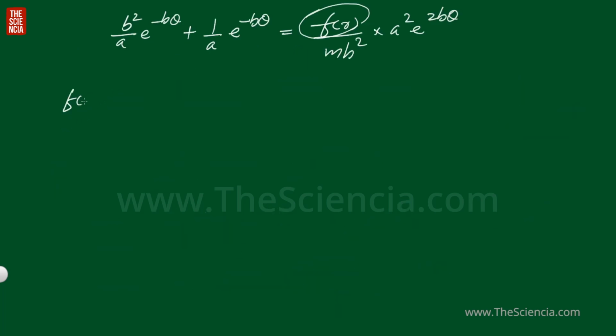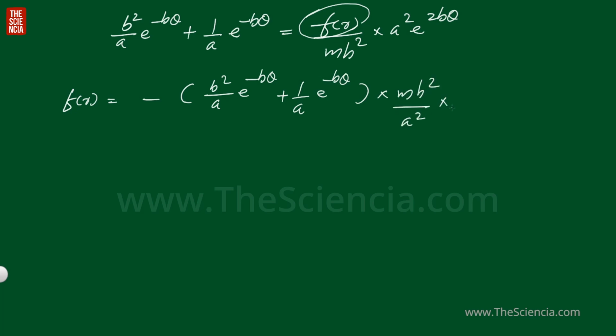That is f of r equal to minus b square by a e raised to minus b theta plus 1 by a e raised to minus b theta into m h square by a square into e raised to minus 2 b theta. Again I am rearranging, that is minus m h square by a cube into b square plus 1 into e raised to minus 3 b theta.